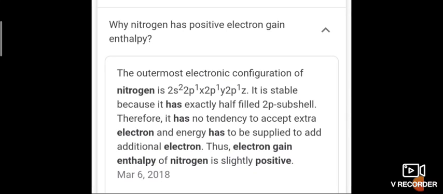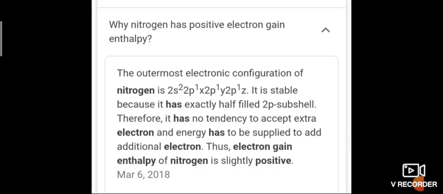When you see argon and krypton, they both have plus 96. Why do they both have plus 96? Down the group it is decreasing, but for argon and krypton it remains the same. Krypton has the fourth shell, 4p6.